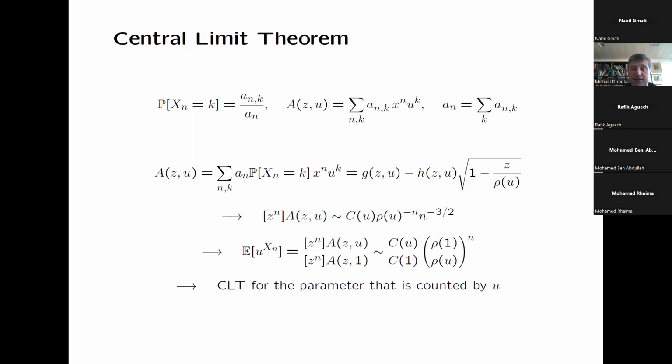And this functional equation has a combinatorial origin. So if you have this kind of decomposition, then you get automatically a central limit theorem. That is really useful and quite powerful.